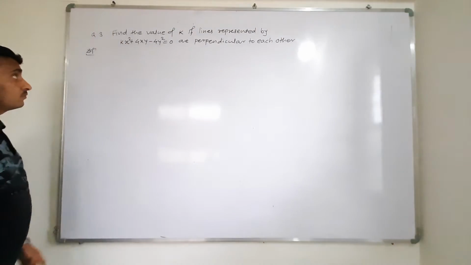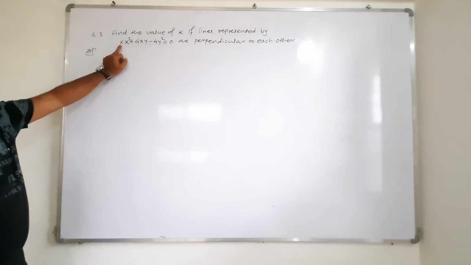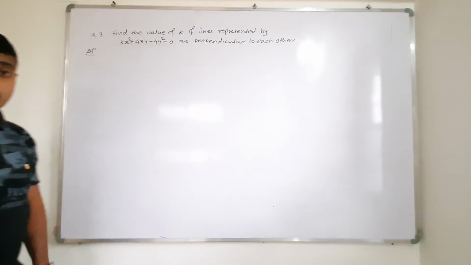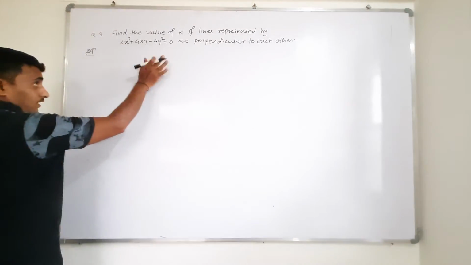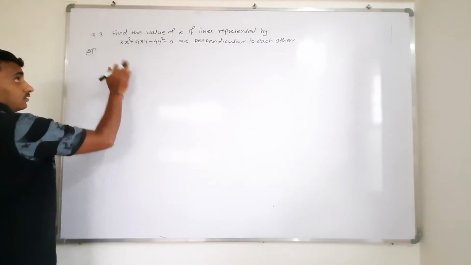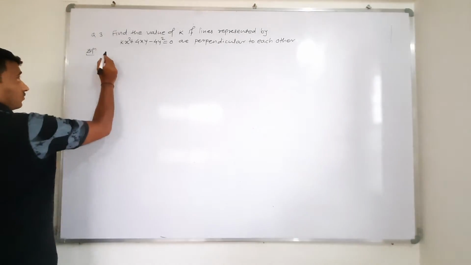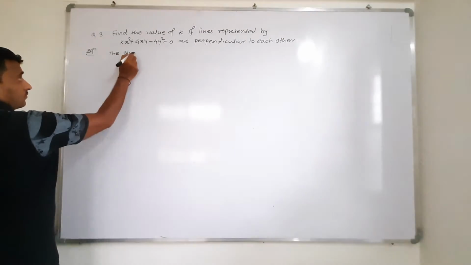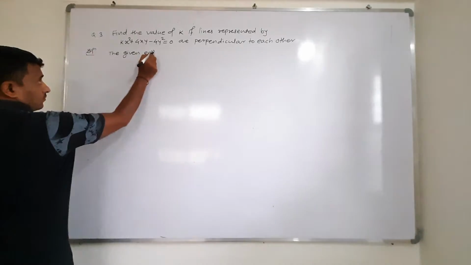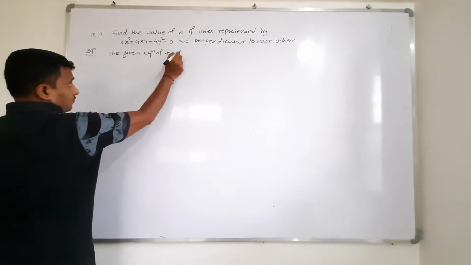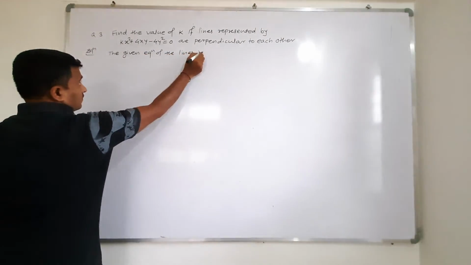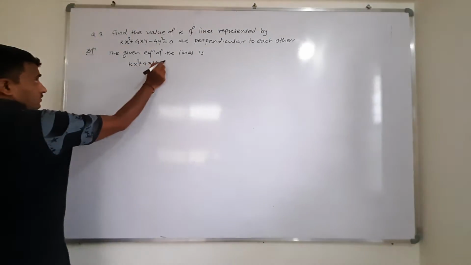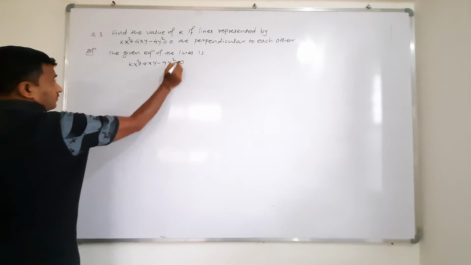Question number 3. Find the value of k, if the lines represented by these equations are perpendicular to each other. We know that two lines are perpendicular to each other if a plus b is equal to 0. The given equation of the line is kx square plus 4xy minus 4y square is equal to 0.